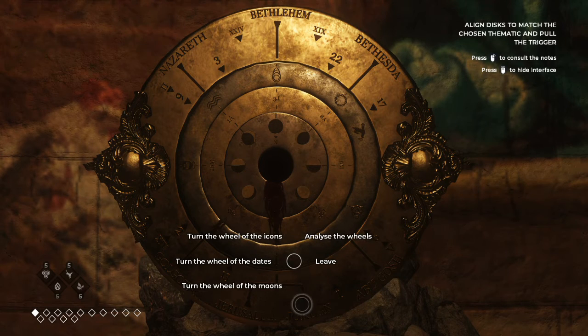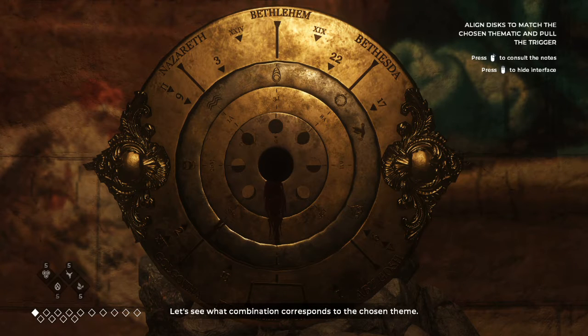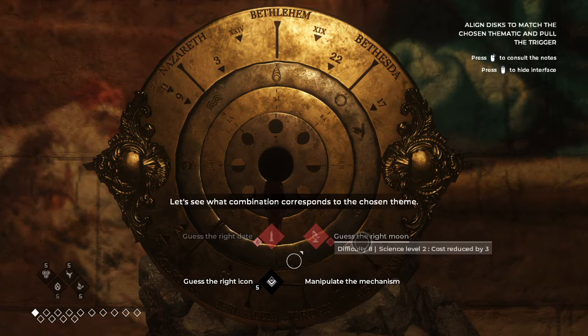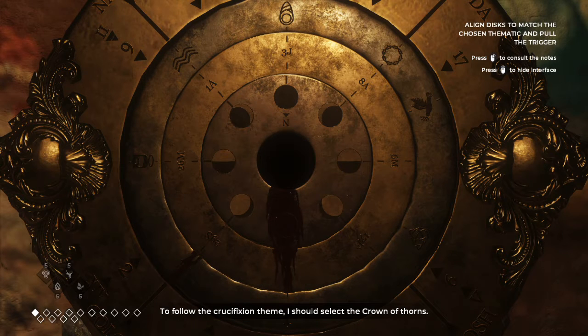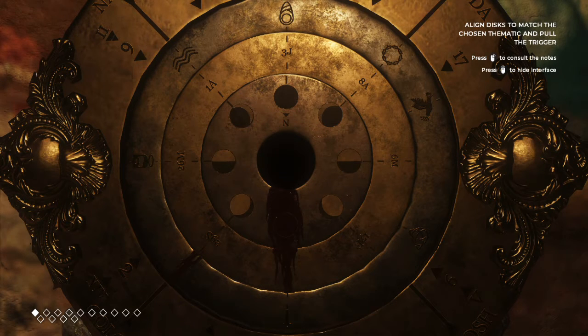Jerusalem and Jordan are linked down here. Let's see what combination corresponds to the chosen theme. To follow the crucifixion theme, I should select the crown of thorns.